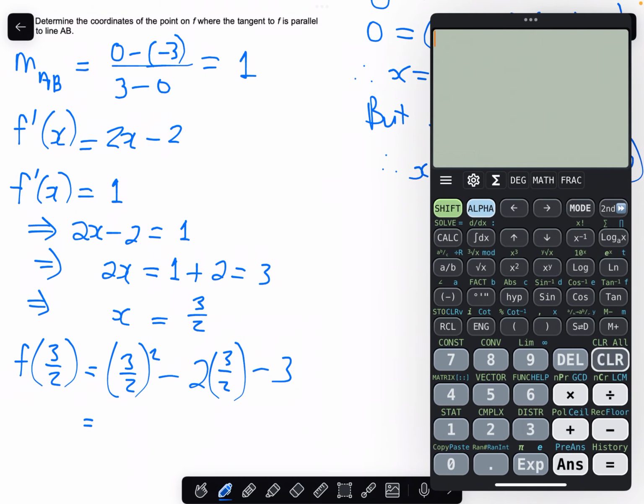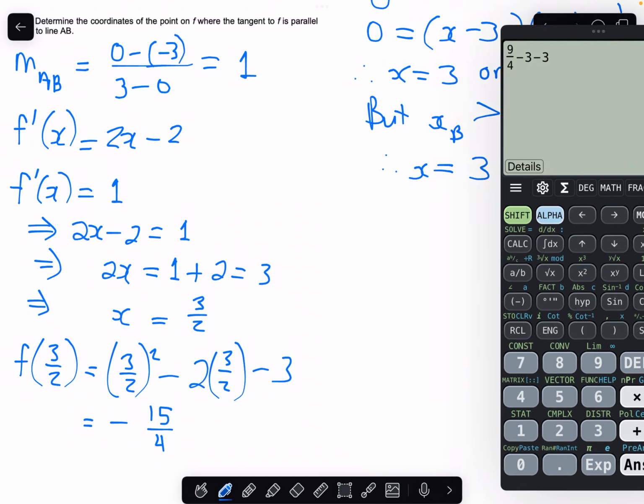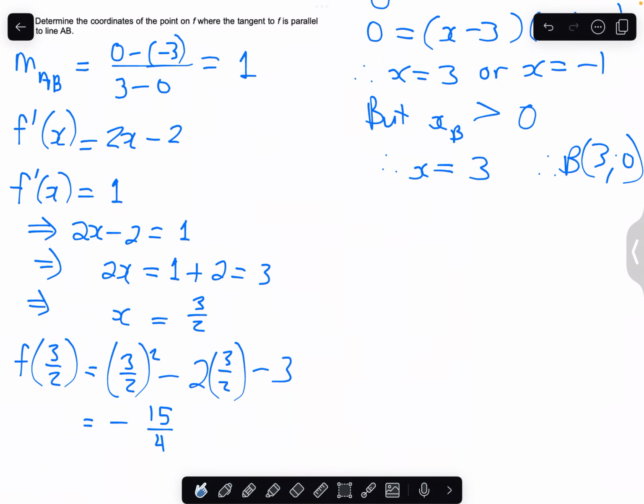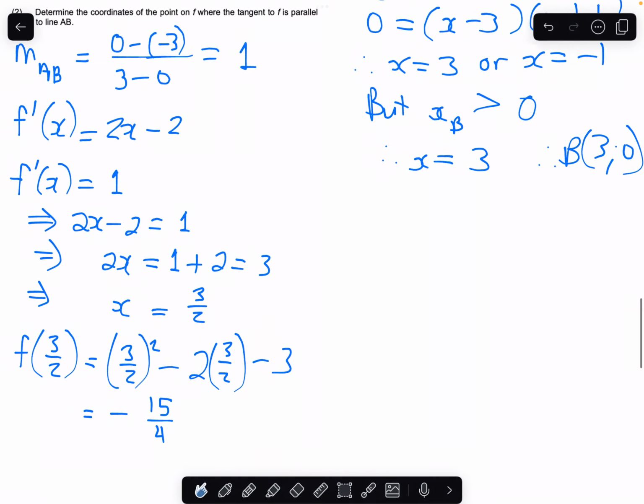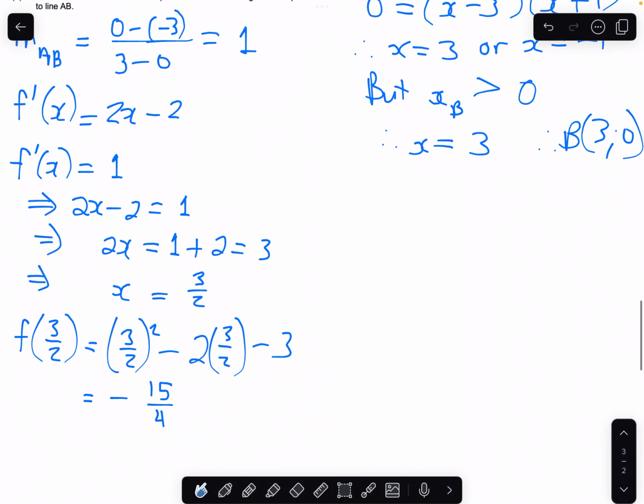Not in the mood to do the head math. So that is negative 15 over 4. Okay, right. So it will happen at the point 3 over 2 and negative 15 over 4.